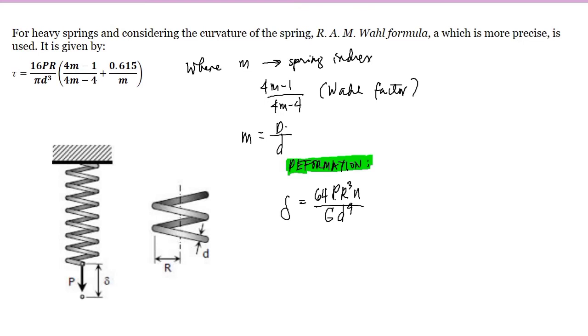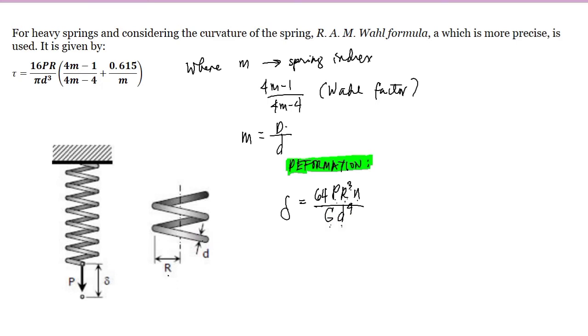For the deformation, we have the formula: deformation is 64PR cubed N over G d to the fourth, wherein P is the applied load, R is this radius, N is the number of turns, G is the modulus of rigidity, and d here is the diameter of the wire.